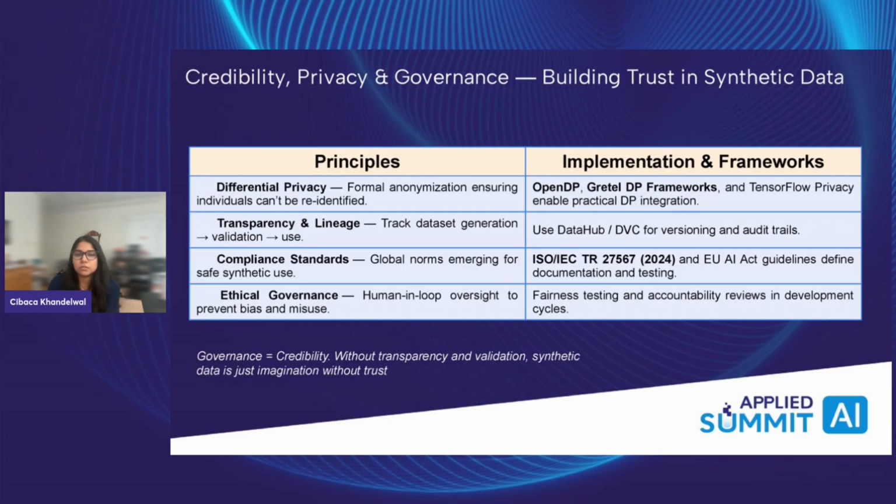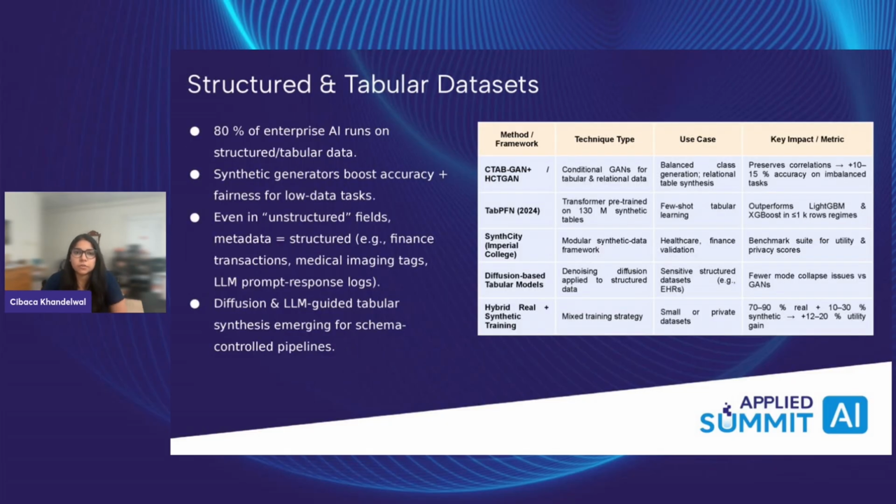Moving on to the next important factor, which is structured and tabular datasets. As we come across data on a day-to-day basis, one of the most crucial steps is to structure and format the data so that AI models can use it. This could be the spreadsheets, transactions, and records behind every enterprise system, and this is also what quietly drives the most applied AI applications.